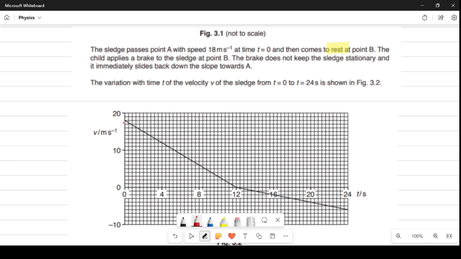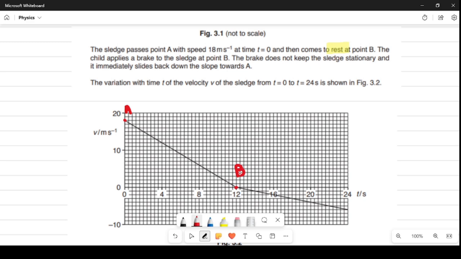So this is your point A. We know that the place where your velocity is 0 is point B. So this is where your velocity, yes, your y-axis, yes.